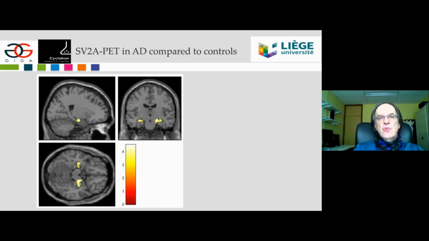So again, which is quite normal, since the first pathology of Alzheimer's is in the entorhinal cortex, and the bodies of the neurons are sending axons with axonal endings and synapses in the hippocampus. And so that's perfectly normal. That's where we find the most important decrease and loss of synaptic density.